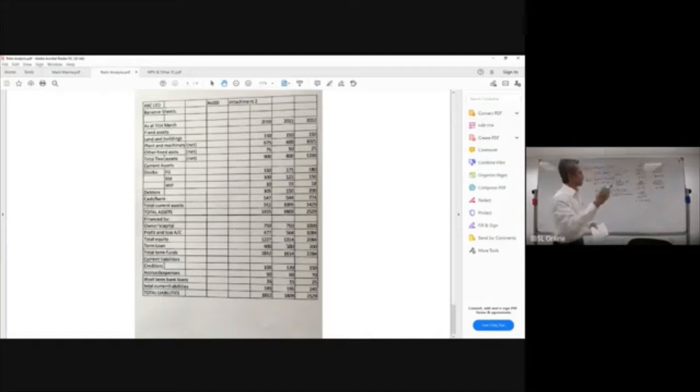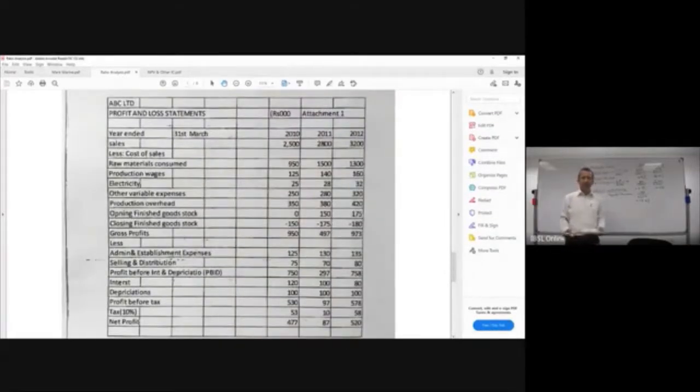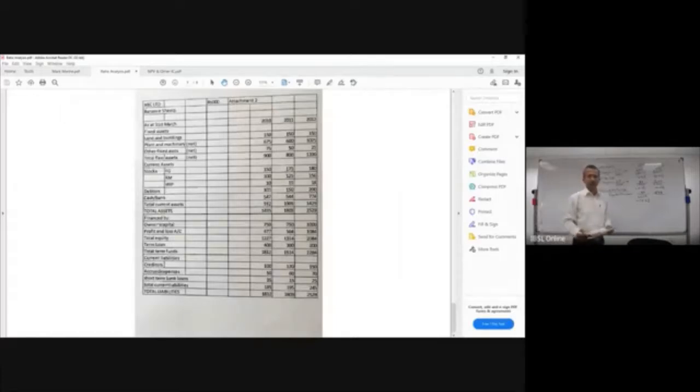2010 was good, 2011 bad, and again in 2012 they have recovered. In 2012, net profit 520, tax 58, that is 578, plus interest of 80, so 658. 658 divided by the total equity 2,084 plus term loans 200, that is 2,284. The answer is 28.81%.